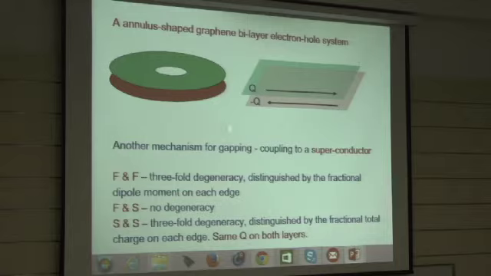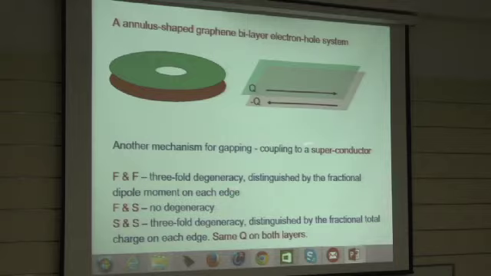So we now have two ways of gapping the edges, one with a superconductor, in which case, rather than having Q and minus Q, we have a Q and Q. But again, the fractional part doesn't change by splitting or swallowing Cooper pairs.